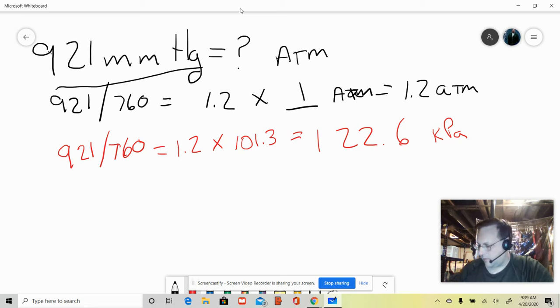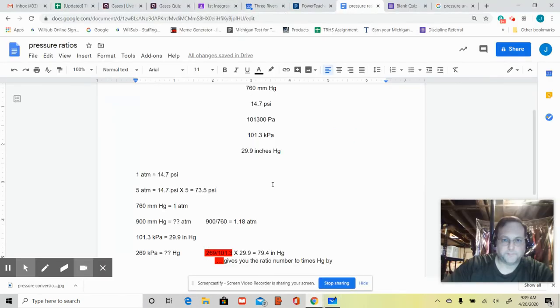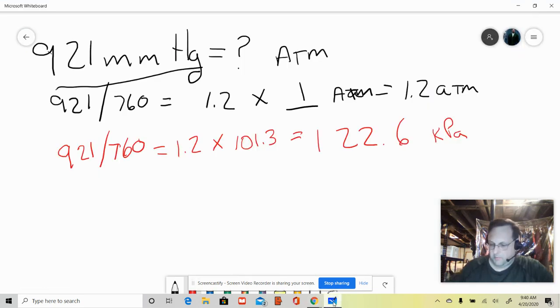Let's do this again. Instead of kilopascals, let's say I'm trying to find PSI. So it's 14.7 PSI, right? I'm not going to do all of this over again because I've already done it. My answer there was 1.2 times 14.7, and that equals 17.6 psi.